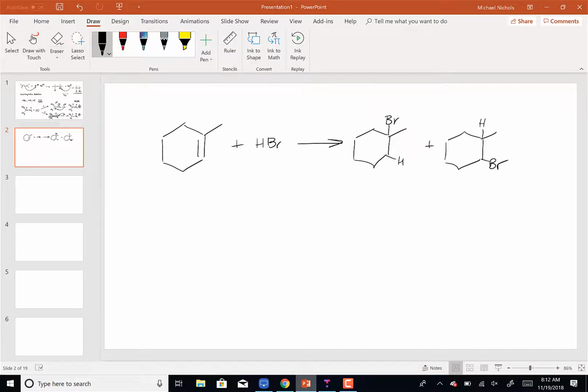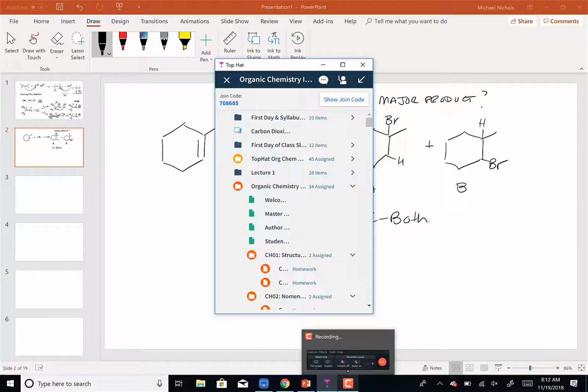And so there are my two products. We'll call it product A and B. And we'll say that. So my question to you is, what is the major product of this reaction? Is it A or is it B?